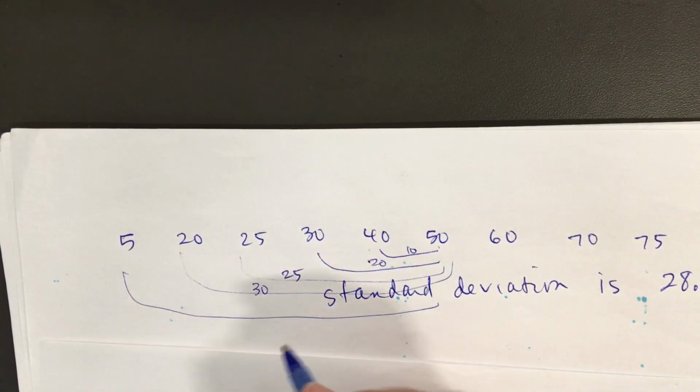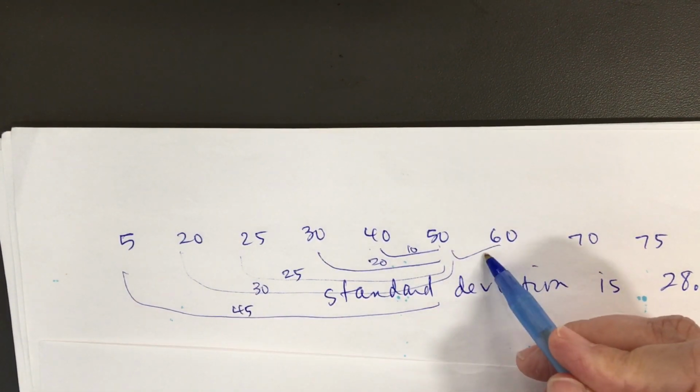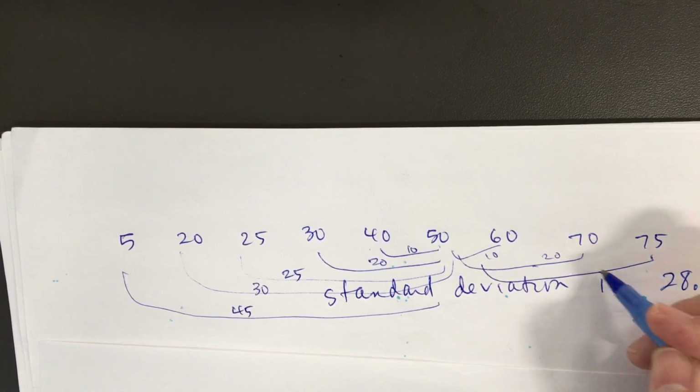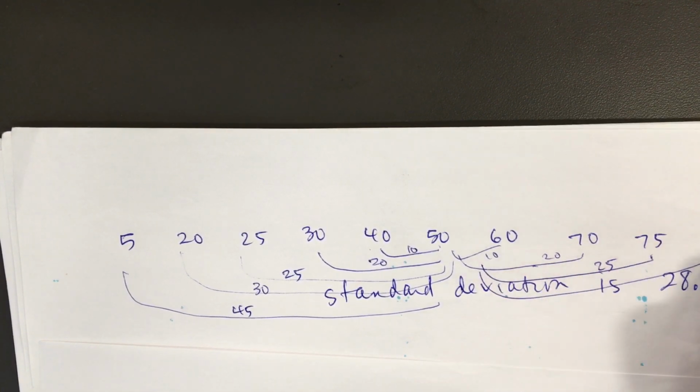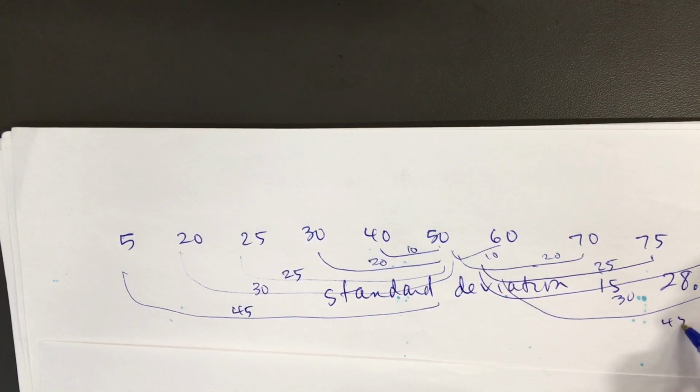This is 45. On the other side, we have 10, 20, 25, 30, and 45. It's an average of sorts of those numbers. That's what it means.